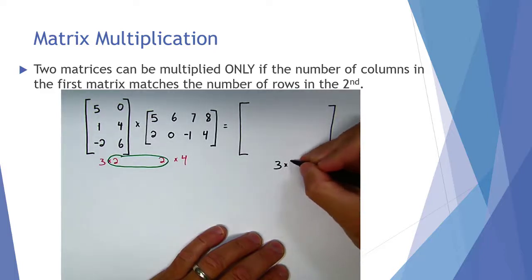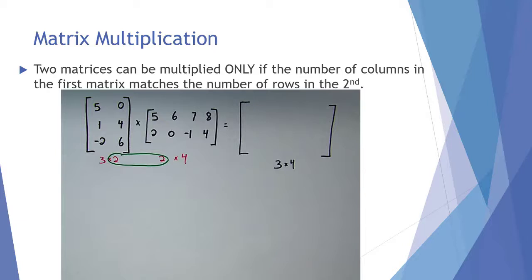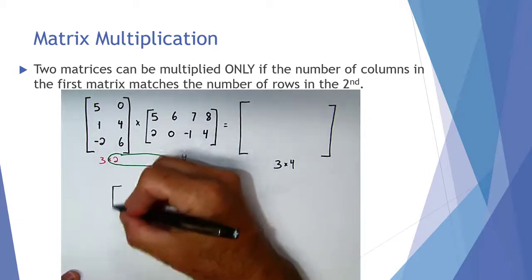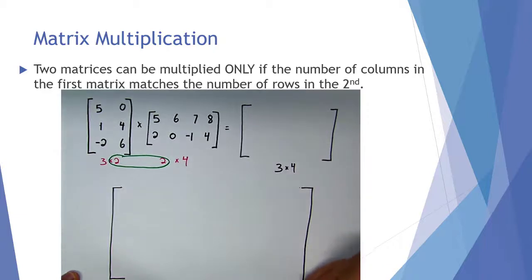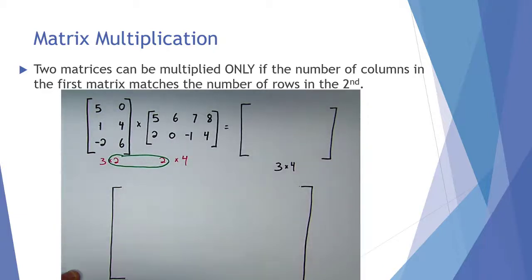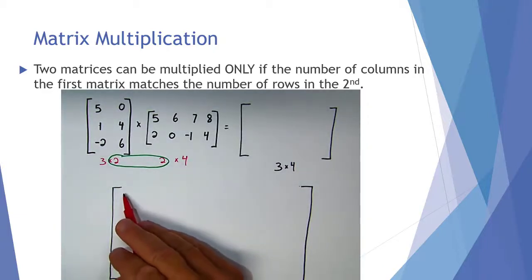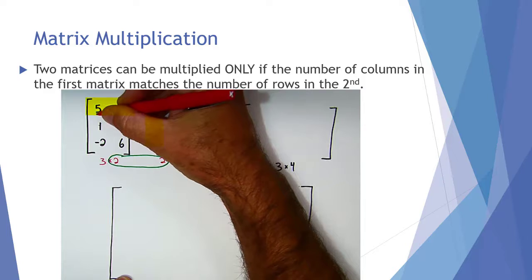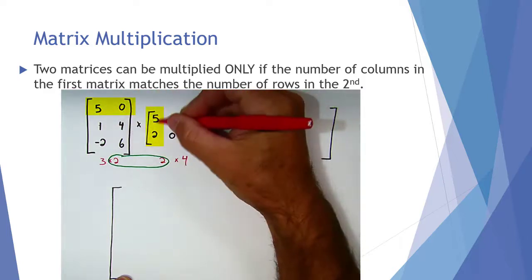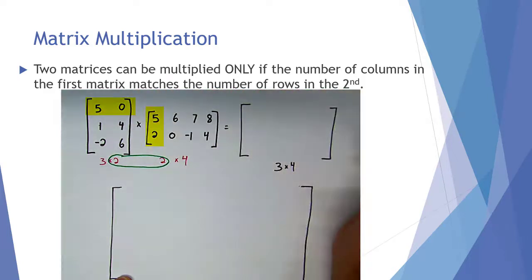I'm going to leave that blank for a minute and perform the work down here because there's quite a bit of computation. So I'm going to make a big old matrix to write out our process. We'll transfer our results up here. So to find the first entry, top row, first column, we're going to take the dot product of our top row here and our first column here.